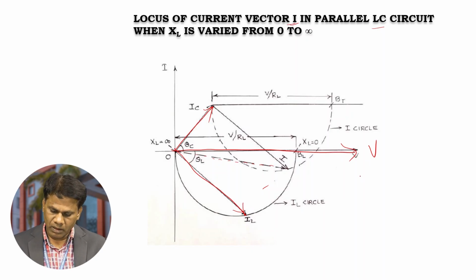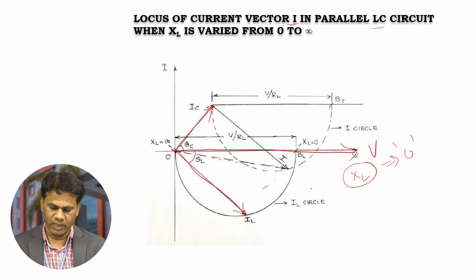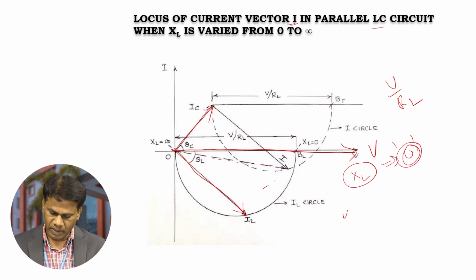Here XL is the variable element. I consider the value XL equal to 0, where the current is maximum, V by RL, in phase with the voltage, so I have drawn it here. Then I vary the value of XL from 0 to infinity.